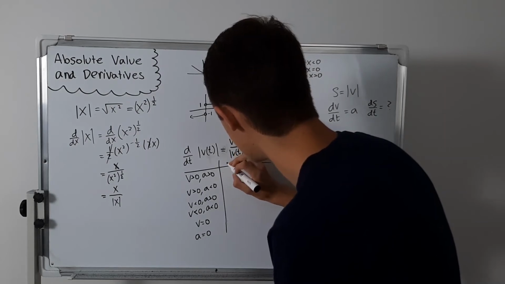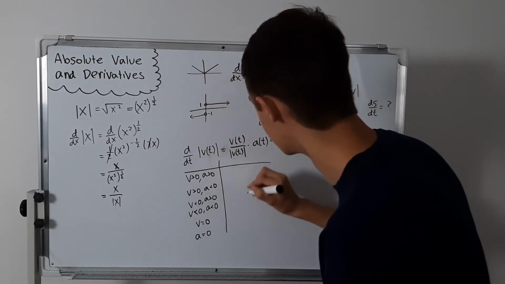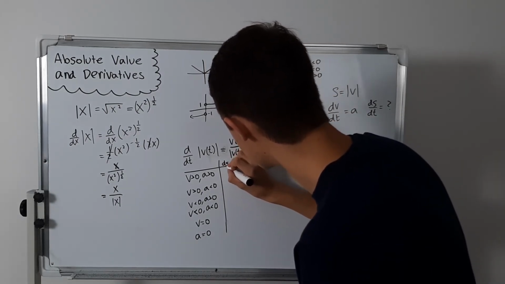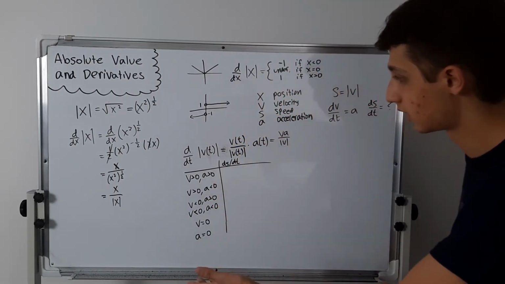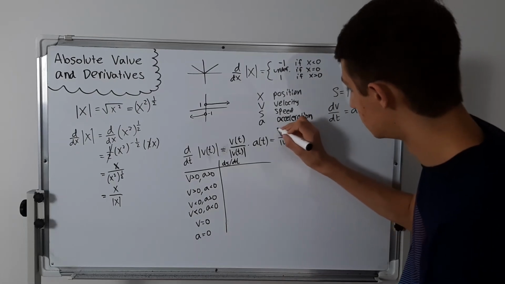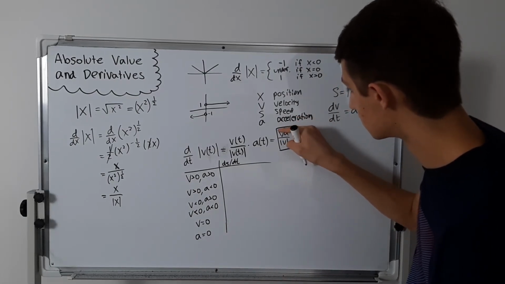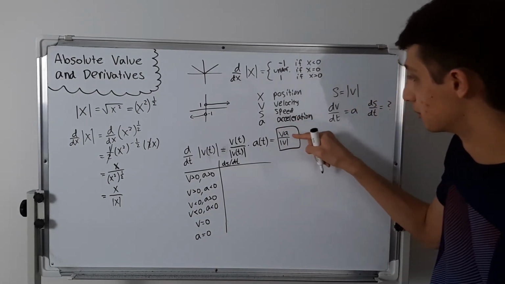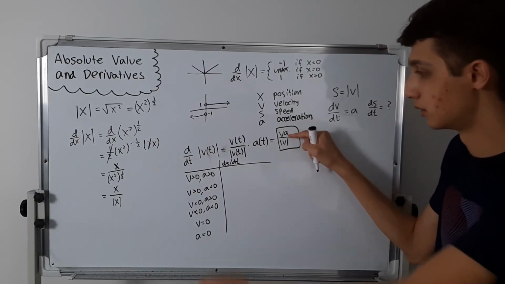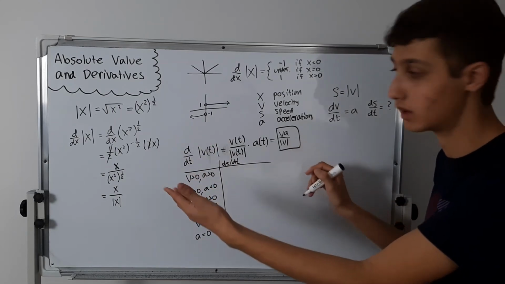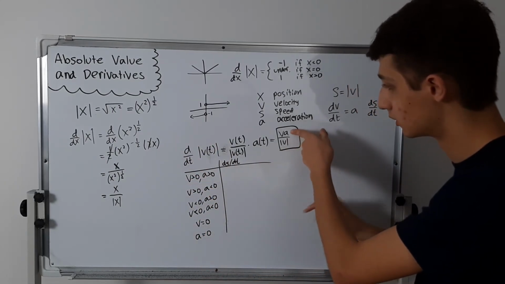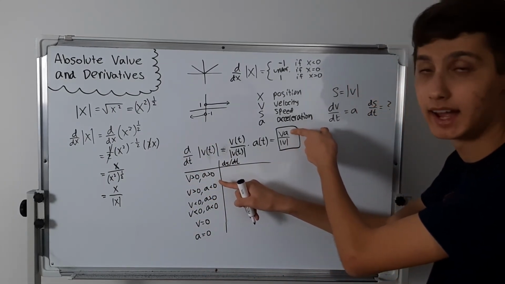And now what I'm trying to find is ds over dt, the derivative of speed. Well, let's think about it. If we plug numbers into this guy, so let me just box this, if v is positive, remember, positive over positive, that's just 1, so we'll get a. So for these two, it's just dependent on a.